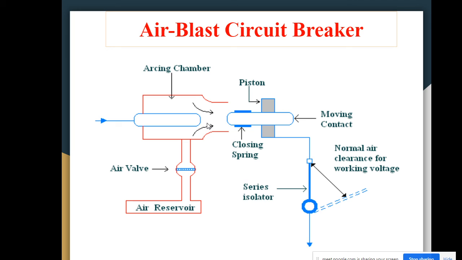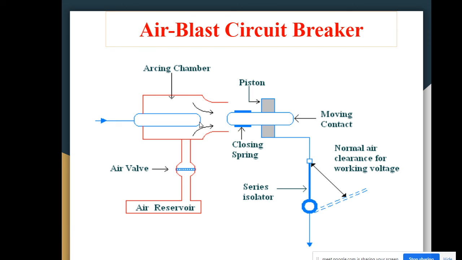The air blast is forcing the moving contacts as quickly as possible, and it is traveling along with the arc which is having the path between the contacts of the circuit breaker, right?